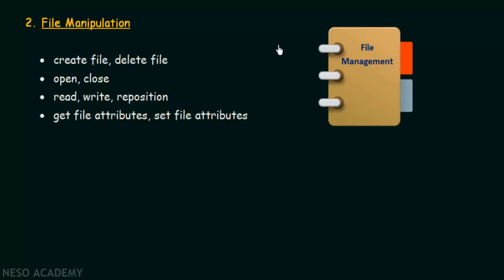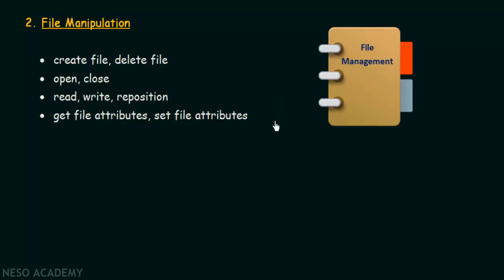Those system calls fall under this category of file manipulation. In that previous example, we were creating the output file, so we use this create file, and then we open the input file. For that we have used open. Then we were reading the data from the input file. For that we can use read, and then we were writing the data to the output file. For that we can use write, and after everything was done, we closed the files. For that we can use close.